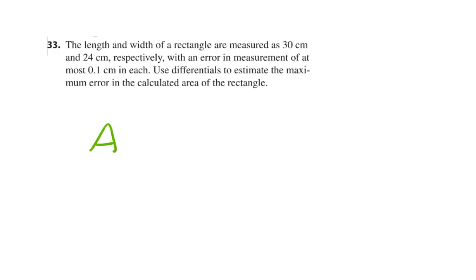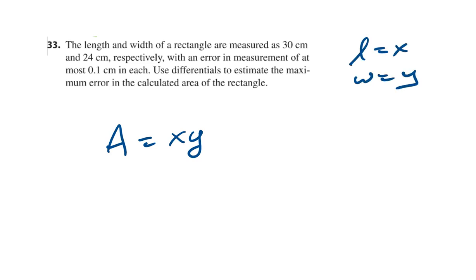So the area of a rectangle, let me choose a different color here. The area of a rectangle is the length times the width. So I'm going to call that x times y. Length is x, width is y. Length times width. So the area is 30 times 24, which is 720.